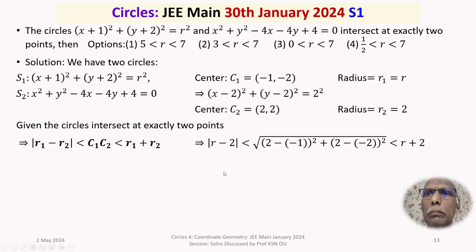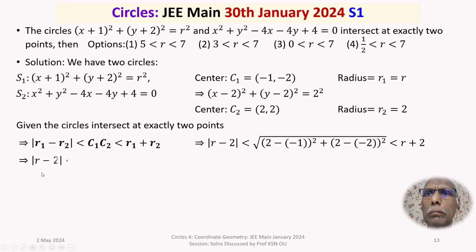So R1 is r, R2 is 2. Mod of r − 2 is less than the distance between C1 (−1, −2) and C2 (2, 2), apply the distance formula, and this is less than R1 + R2, that is r + 2.